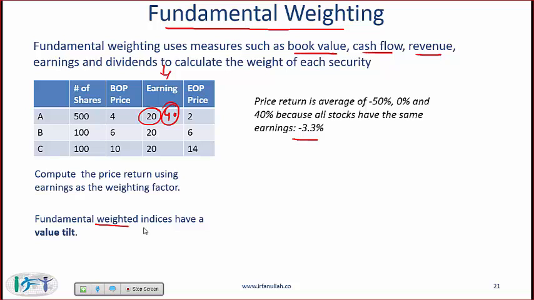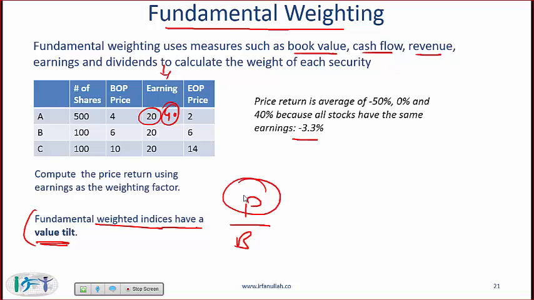The fundamental weighted indices have a value tilt, and I'd say just remember this fact. In the regular lecture this is explained in more detail, but the point is that if you think about market cap weighted, a stock with a very high price to book value ratio will have a higher weight because the weightage is based on market price.